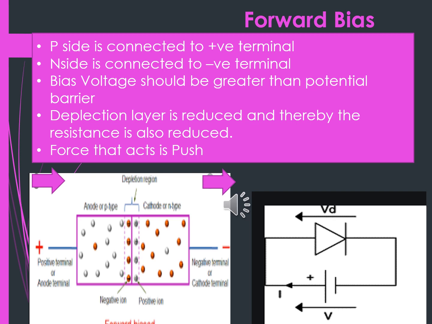The depletion layer acts as a resistance because it is devoid of free charge carriers. The lesser the depletion region, the less the resistance; the more the depletion region, the more the resistance. If the depletion region gets smaller, the resistance gets smaller and the flow of current increases.